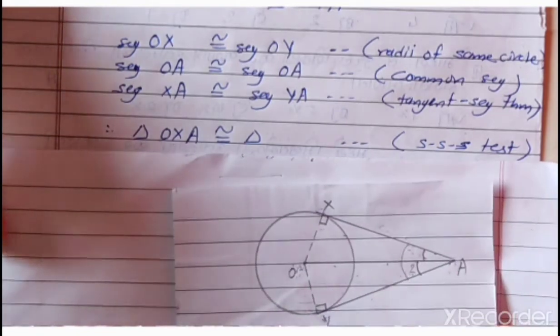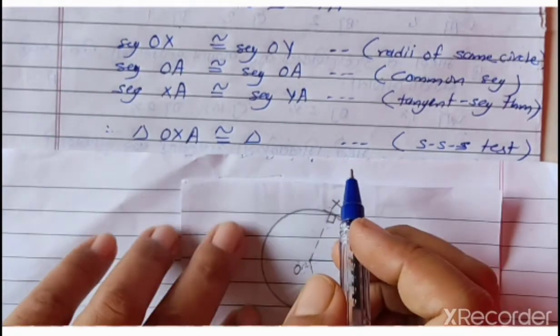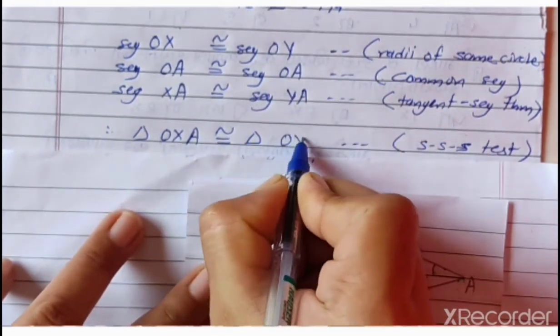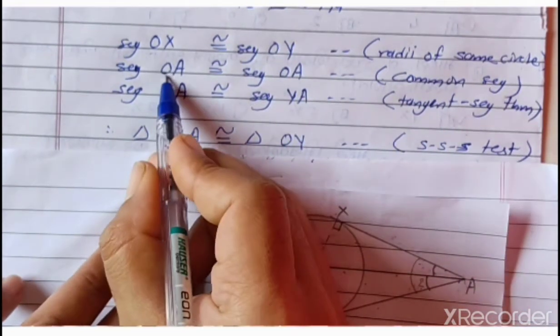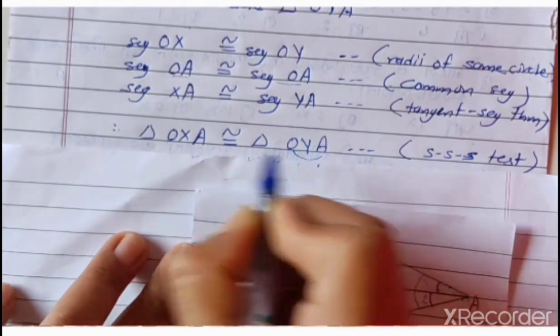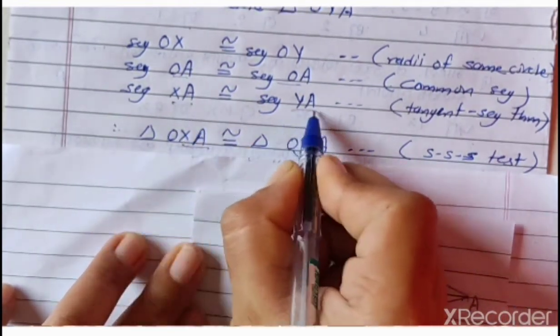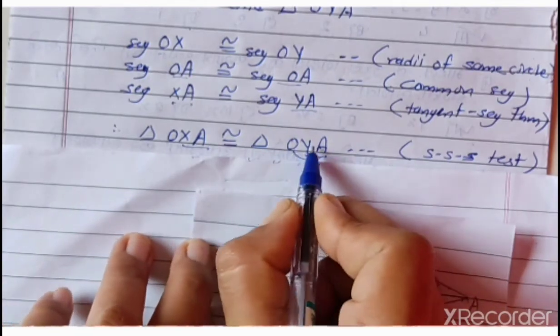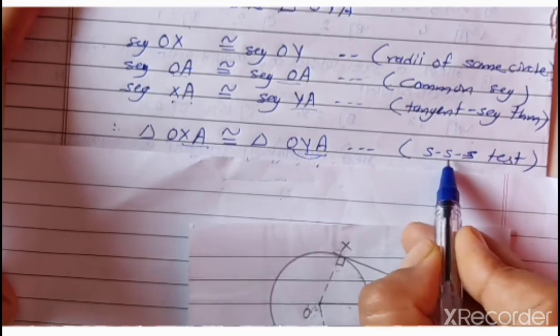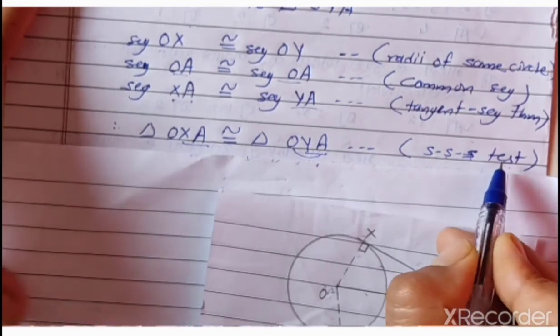Let us first create the one by one correspondence. OX with OY, OA with OA, and XA with YA. So by this one by one correspondence, these two triangles are congruent by the side test of congruency.